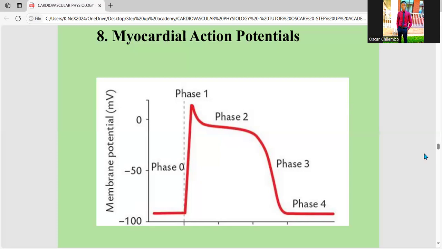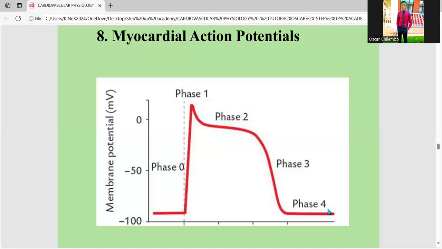So in the myocardium action potential, we actually have phase 0, then we have phase 1, then phase 2, then phase 3, and phase 4. Now let's describe what really happens in each and every phase. Okay.